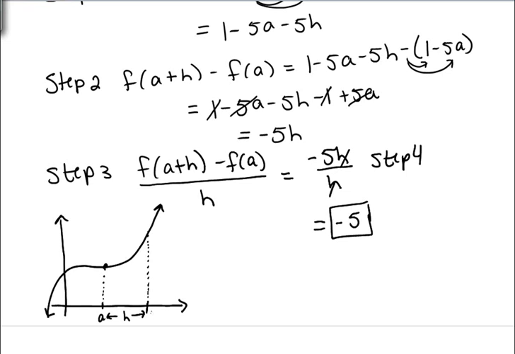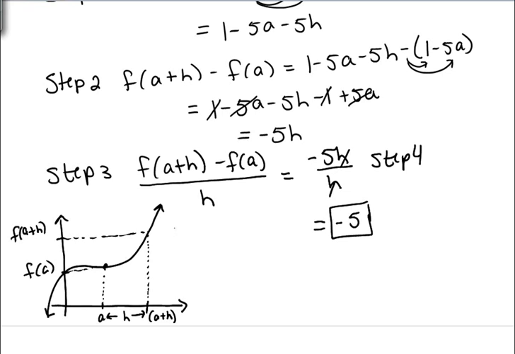So this value right here is a plus h. That's the x value right there. And then over on the y-axis, this would be f of a. And bring this one over to the y-axis. This is f of a plus h.